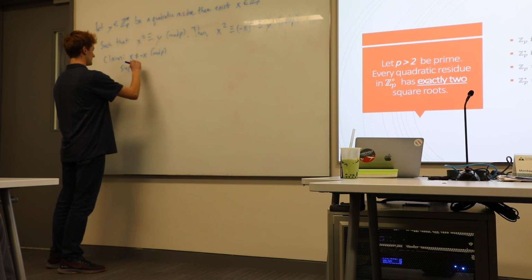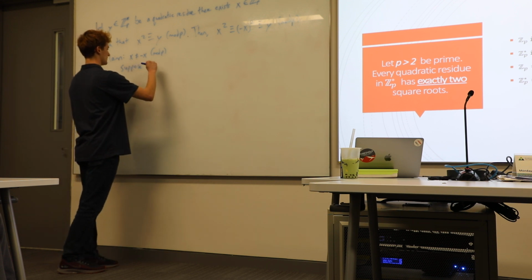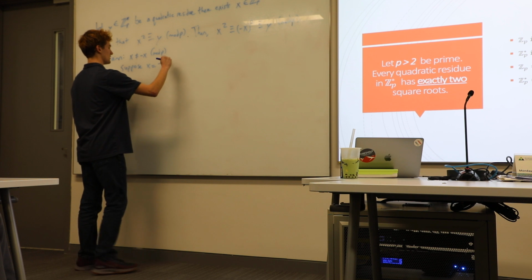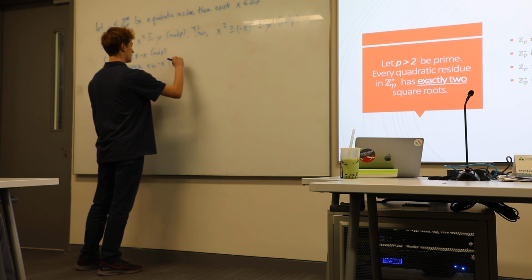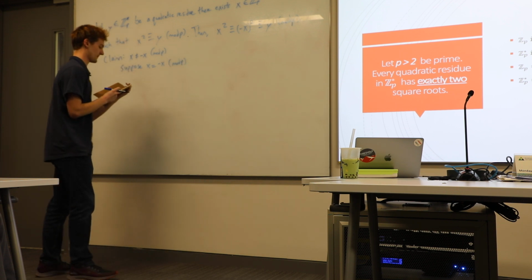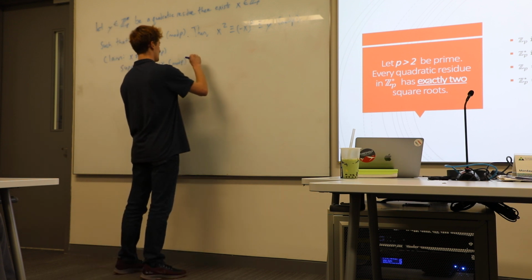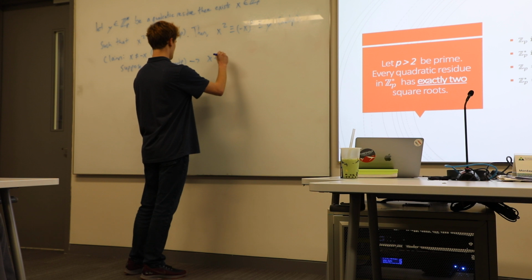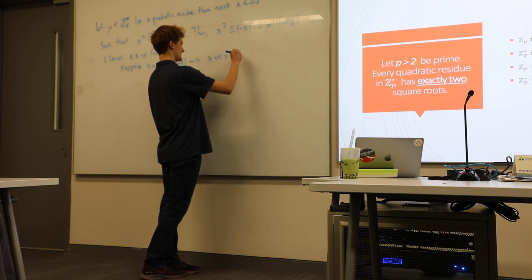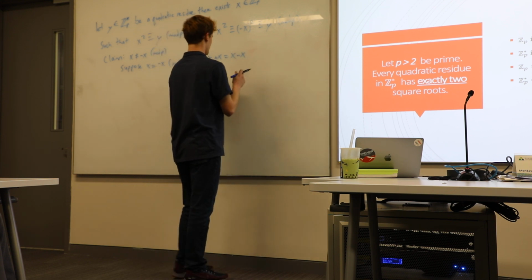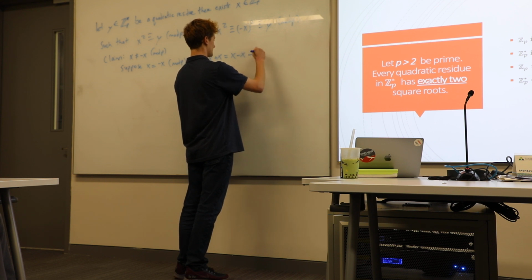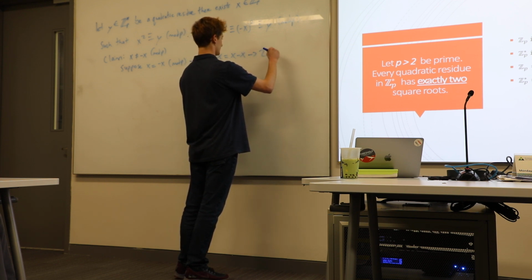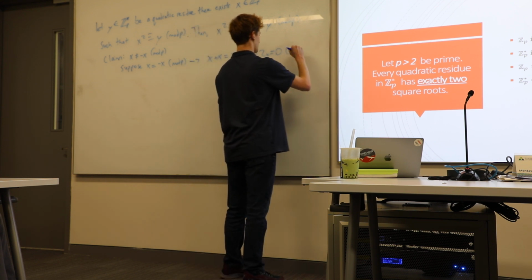Then x plus x is equal to x minus x, which implies that 2x is equal to 0 mod p.